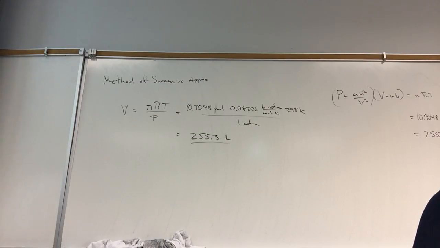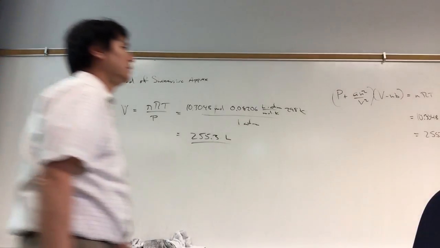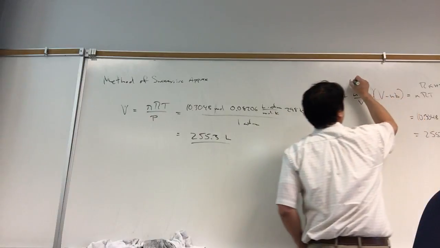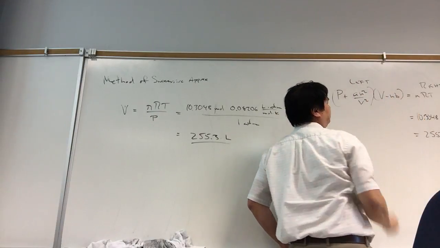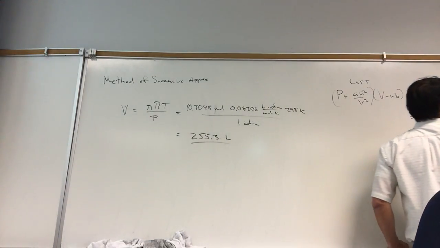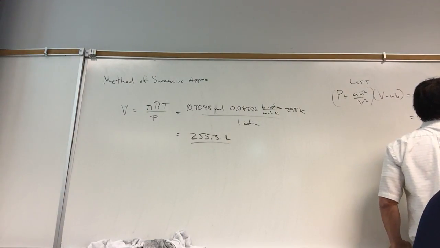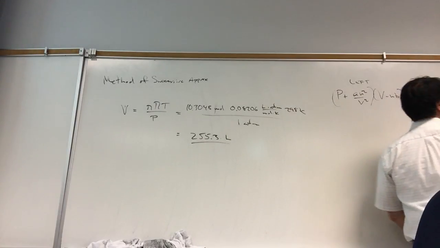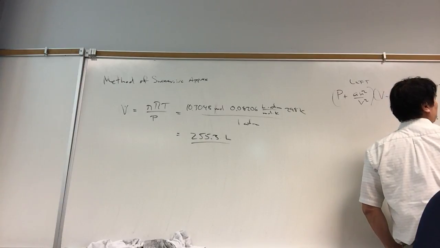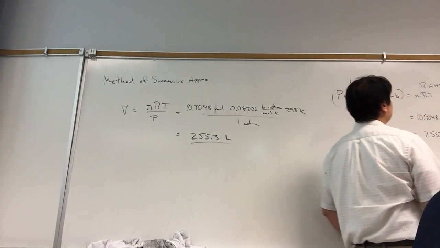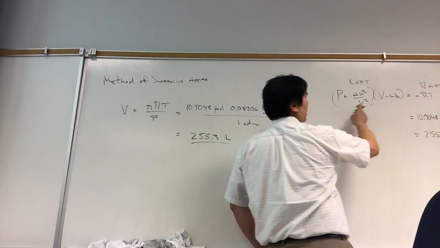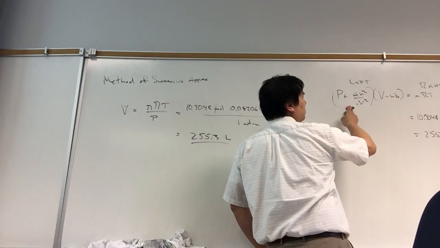And so what we do in the method of successive approximations is we leave the right side as is, and then on the left side we try to fix it. Now the units, I don't care what the units on the left side are necessarily, but the units here are going to be liters times bar. So on the right side, it'll be liters times bar too, because volume is in liters, pressure in bar.